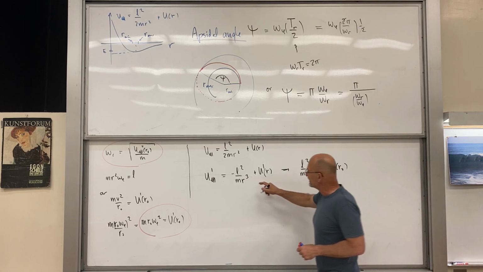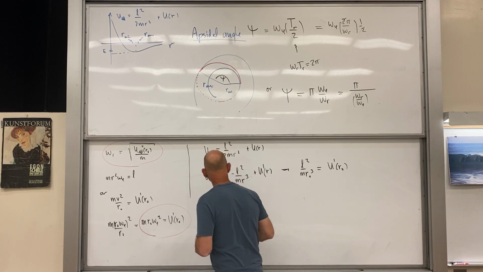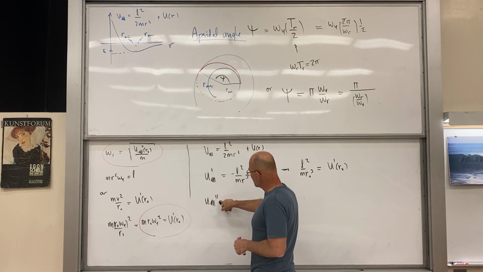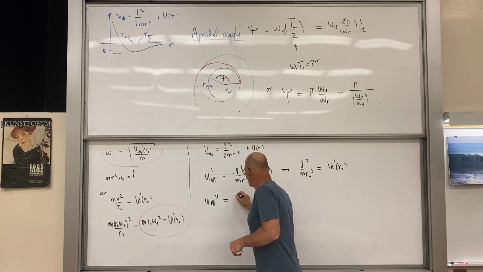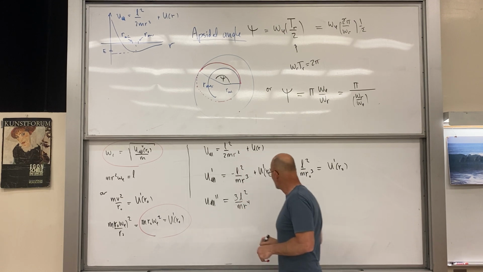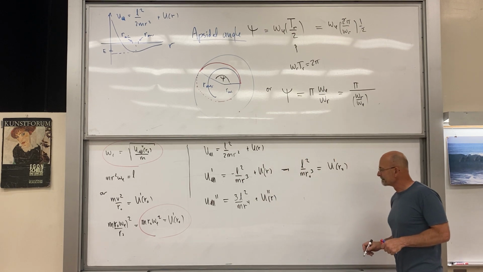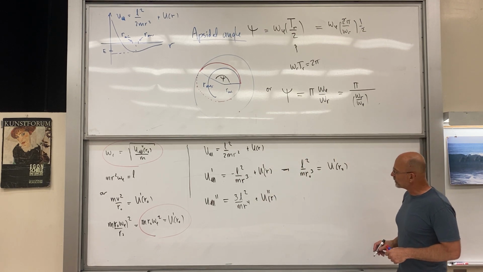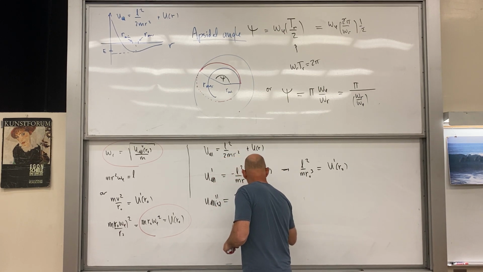Good. Now let's take the second derivative. U effective double prime, and we want to evaluate it at r0. First we take the derivative, we end up with 3L squared over m r to the 4th plus u double prime of r, and since we want to evaluate it at r0, put an r0 here and here.